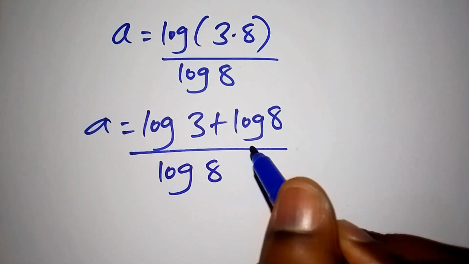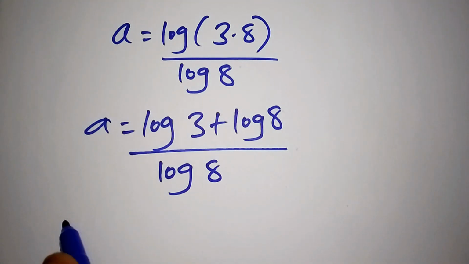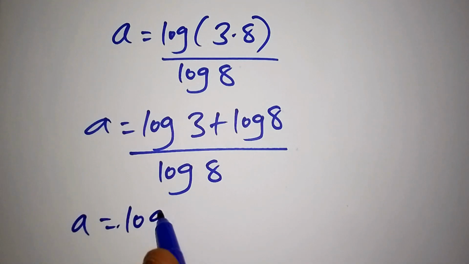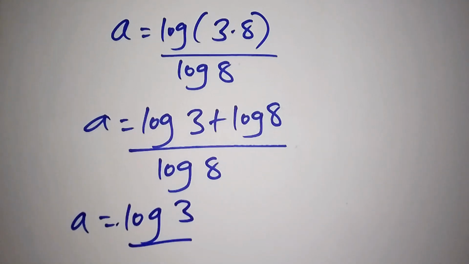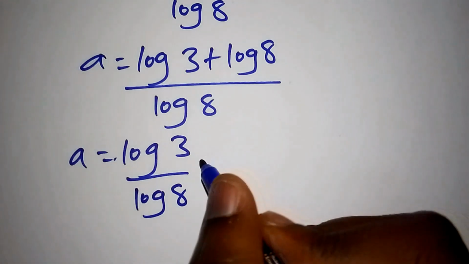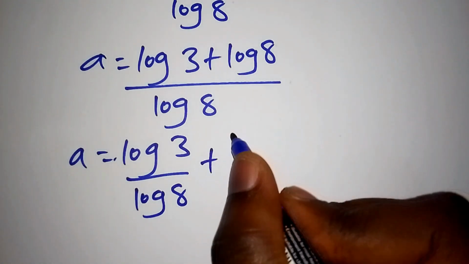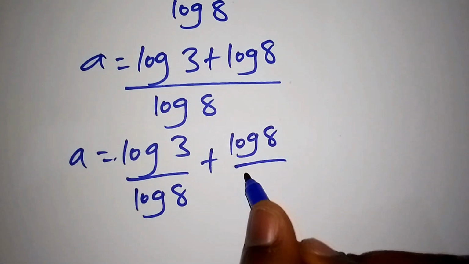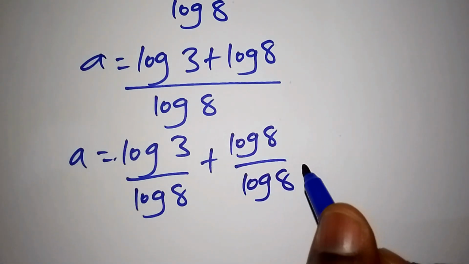So the value for a in this case equals the log of 3 separate, all over the log of 8 separate, plus the log of 8 all over the log of 8.